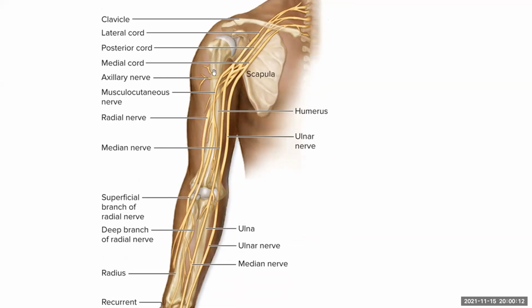So you have to be careful because if you damage the surgical neck of the humerus, you are at risk of damaging the axillary nerve. And if someone ever severs that nerve, they will have a significant amount of difficulty abducting their shoulder, and they'll have some deficiency of sensation right around this region here.